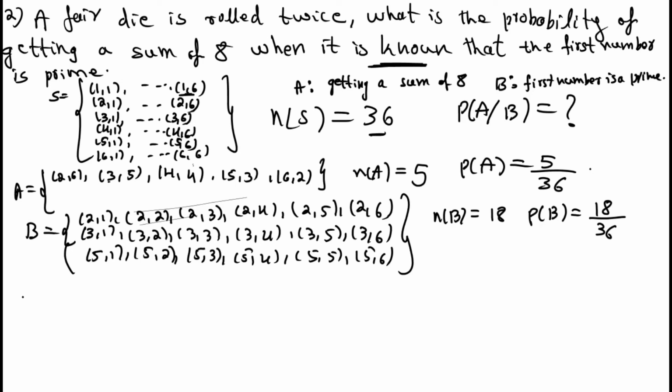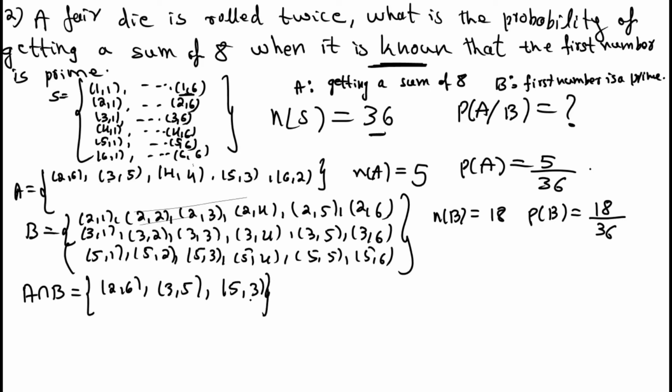Next, what you have to calculate? A intersection B. Okay, what is A intersection B? Common elements in A and B. Okay, check what's the common element. Here 2 6 is there. That's one common element. Then 3 5 is there. That's one element. Then 5 3 is there.